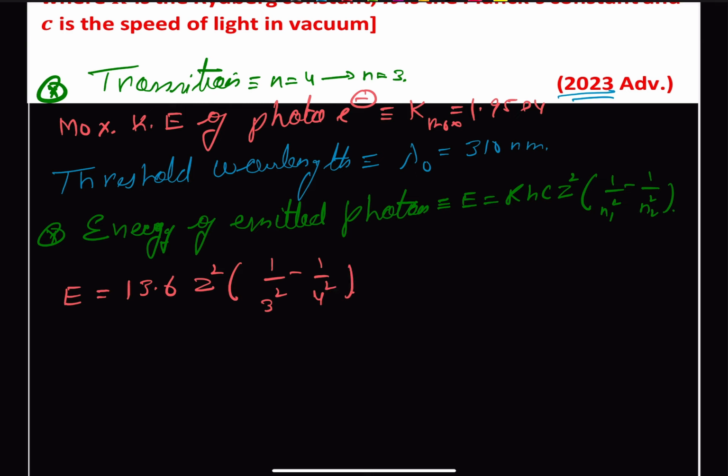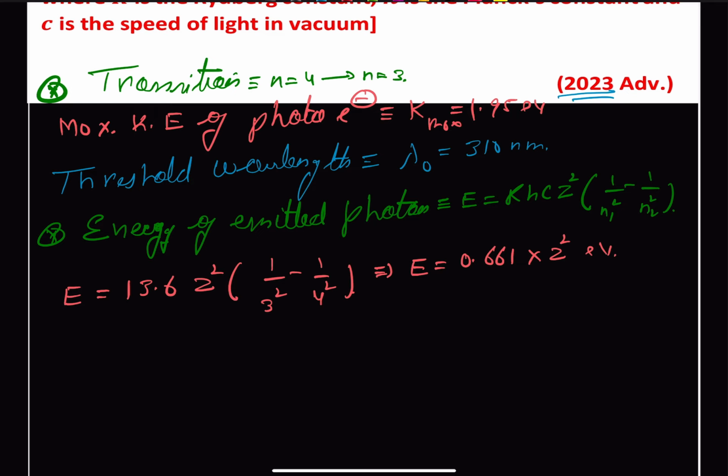So therefore we get that our energy is equal to 0.661 multiplied by Z square electron volt.